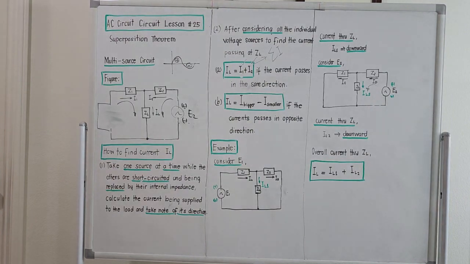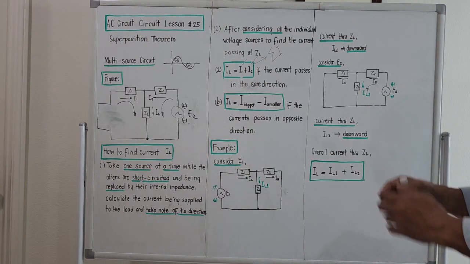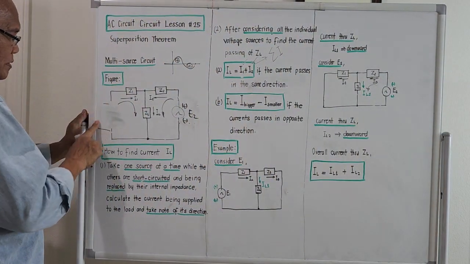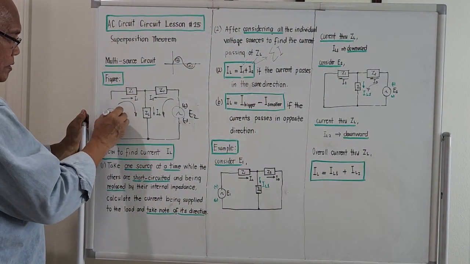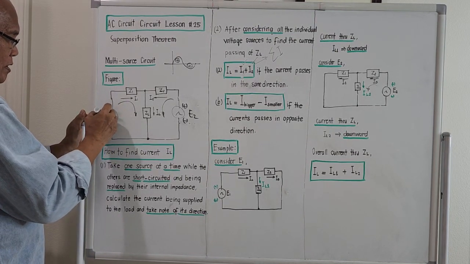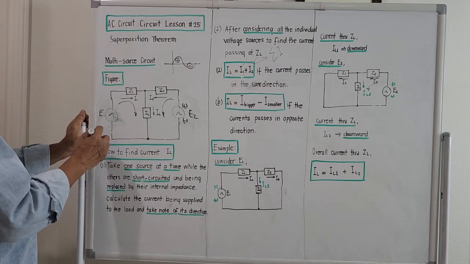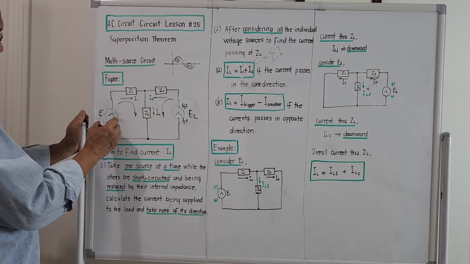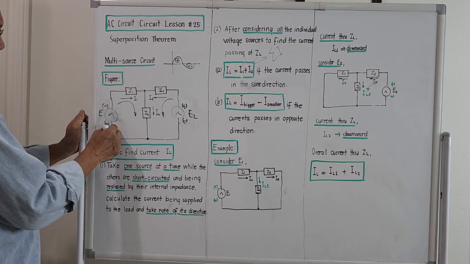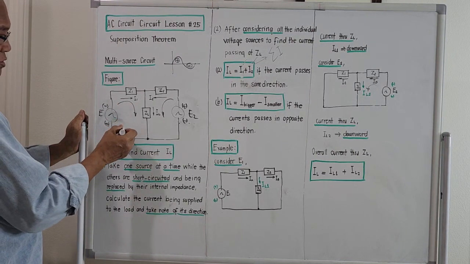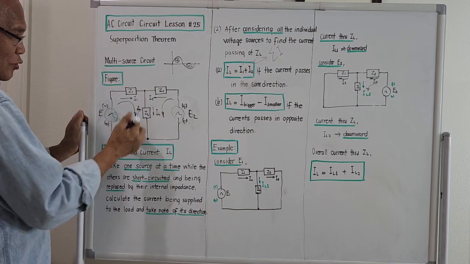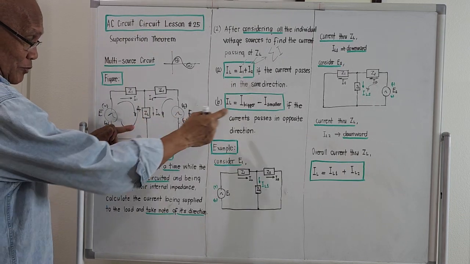Okay? Supposing the opposite direction, supposing I change the polarity of E1. Initially, this is plus, and this is minus. So when we consider this one, the current passing through ZL, the initial inrush will be upward, right? So it will be the reverse of the second source.